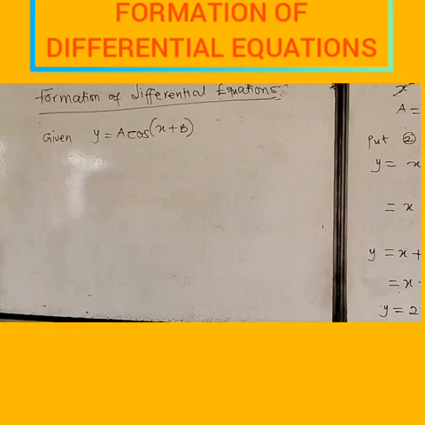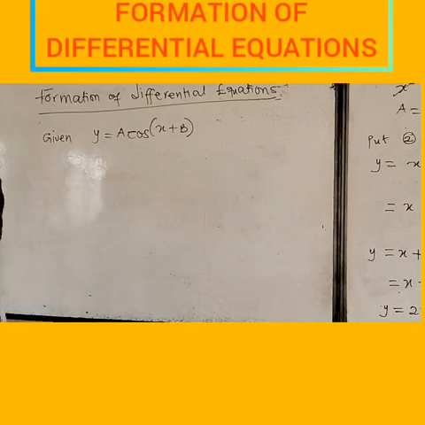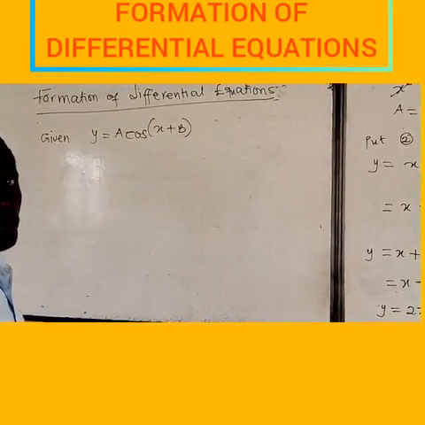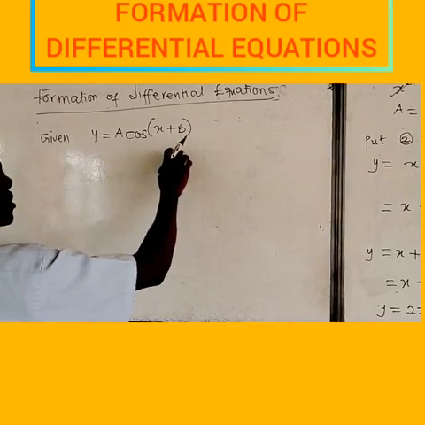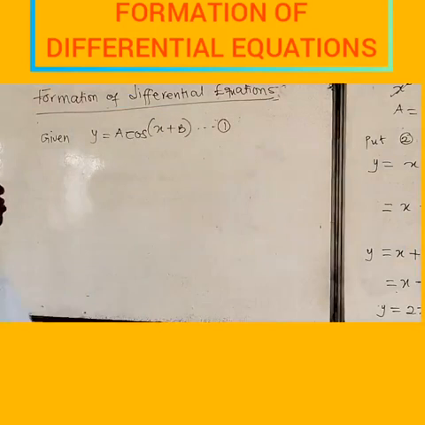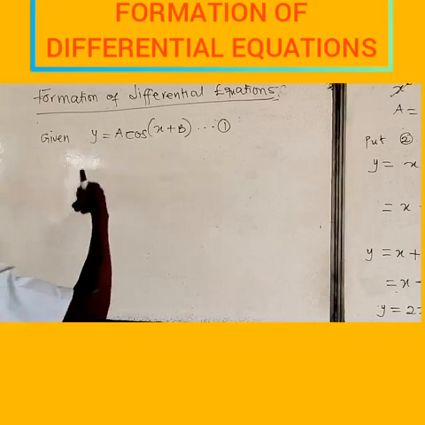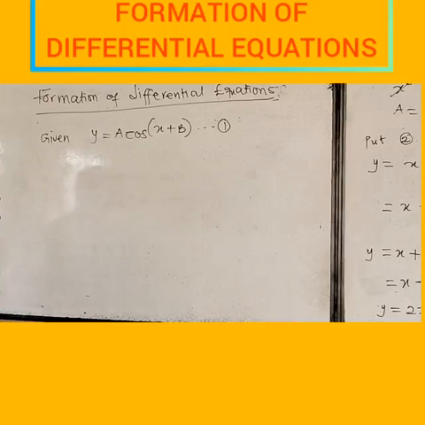Now we can do a whole lot of manipulations here. To form the differential equation from this, we name the main equation as our equation 1. Then we have to look for the number of arbitrary constants.